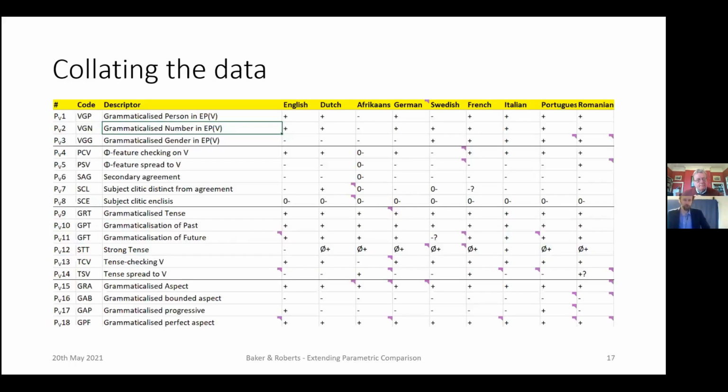Once we've got our responses from our informants, once we've gone through those and checked those for consistency and so forth, we can then collect the responses in a table, similar, in fact, to table A we saw earlier. So this is just an example of this, the first 18 of our parameters for, I think it's 9 languages. You can see the plus minus notation there, the 0 notation.